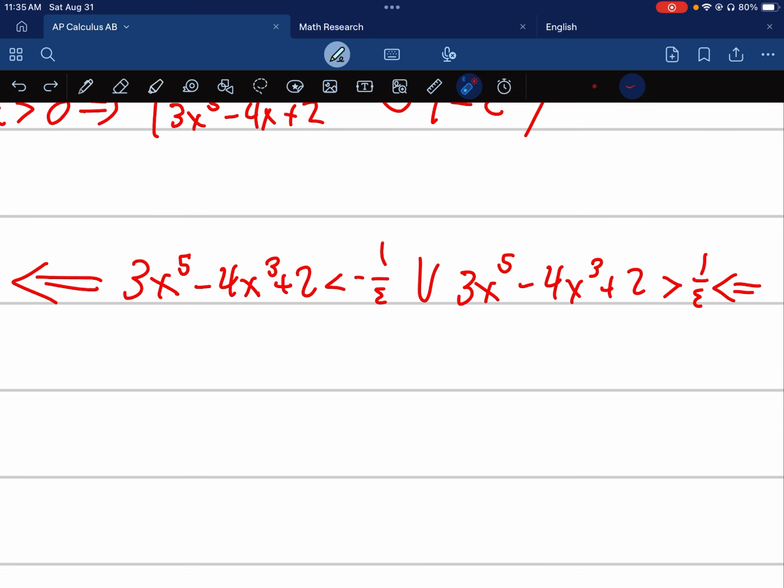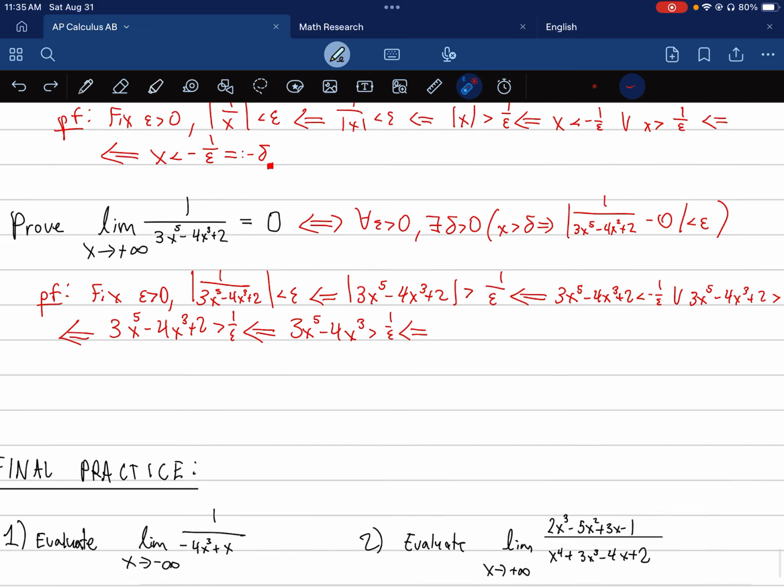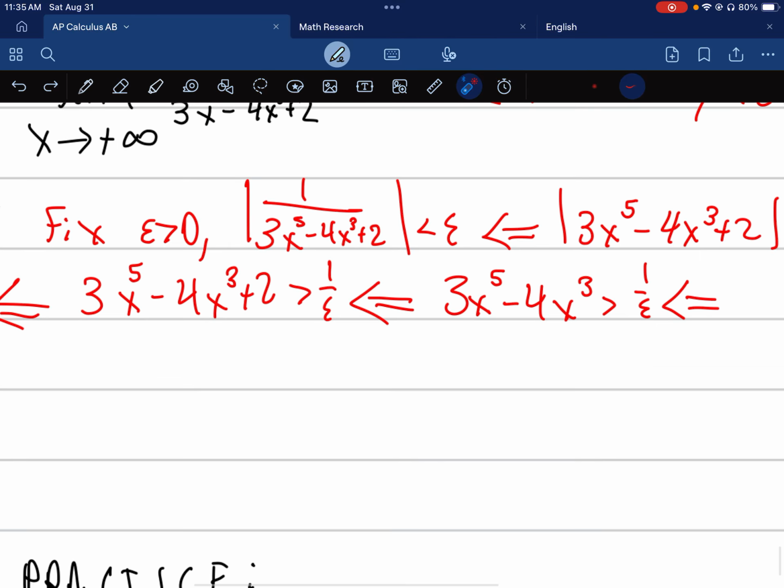This is going to be infinity plus infinity minus whatever, but remember we only care about our leading term, so this is just going to be positive infinity is less than minus 1 over epsilon. This is obviously not true. And here we just have infinity is greater than 1 over epsilon. Yeah, this is true, so we're going to take this one. So this is greater than 1 over epsilon.